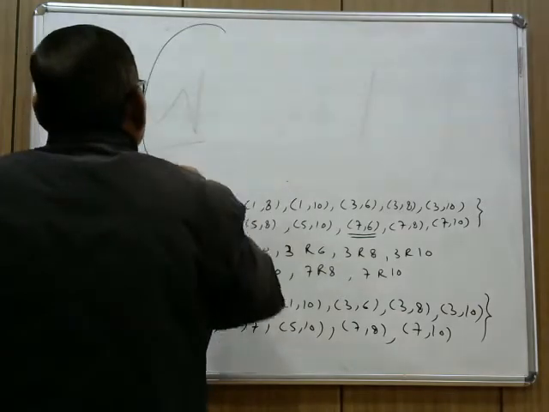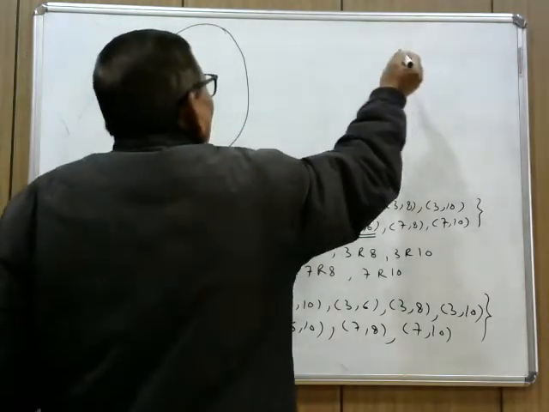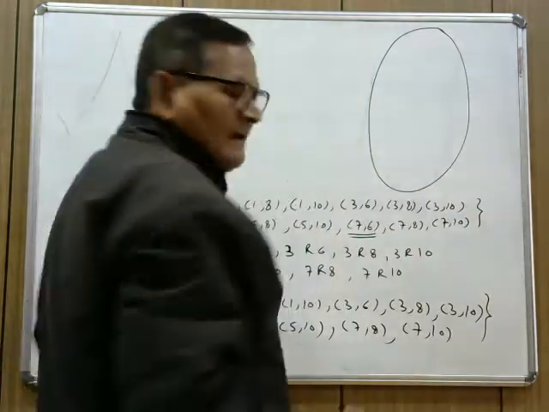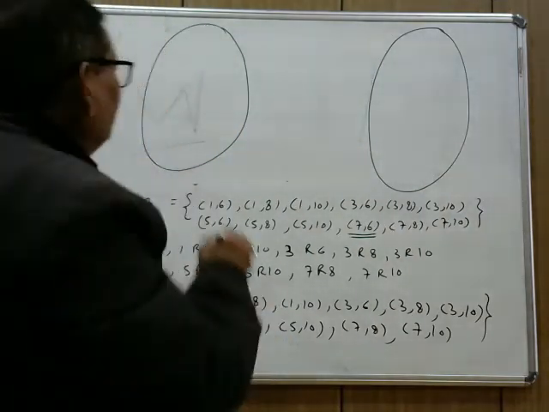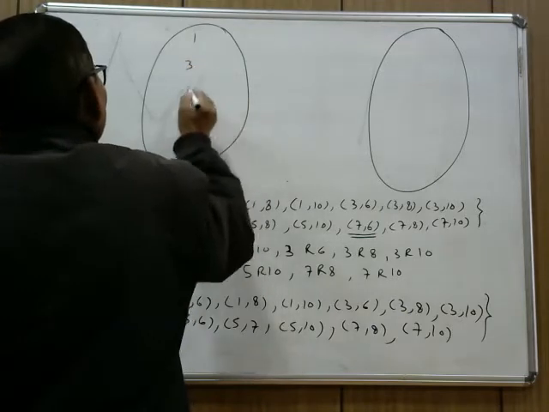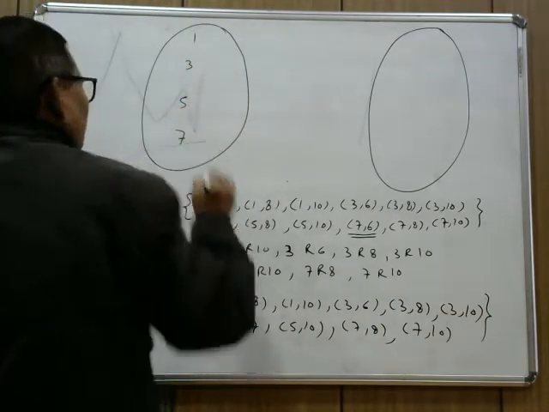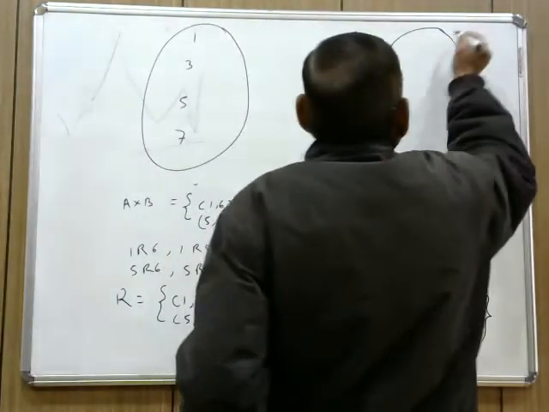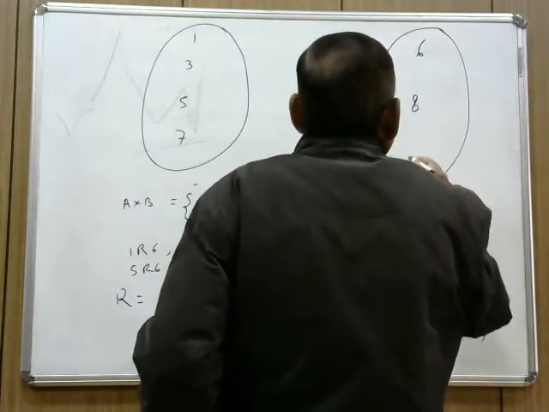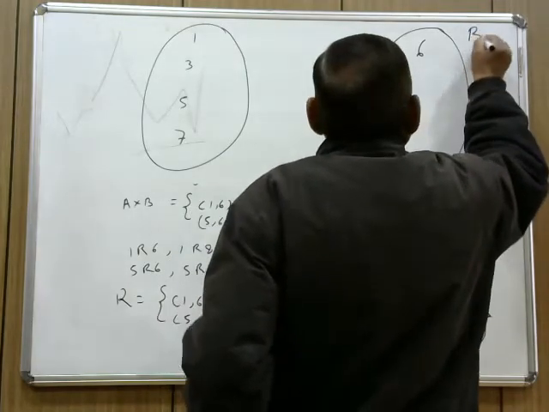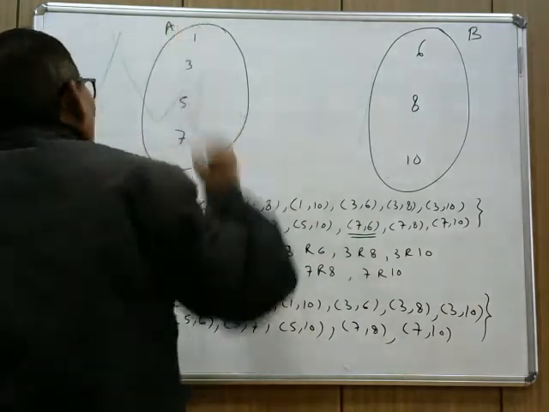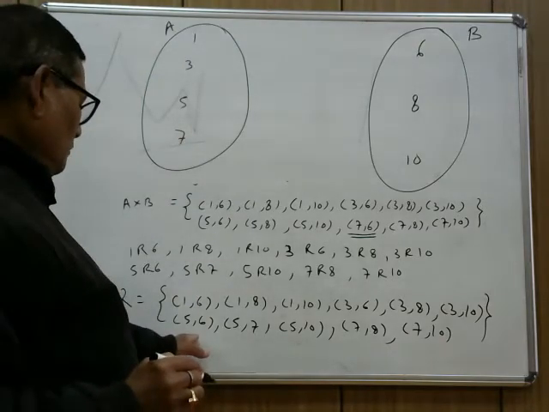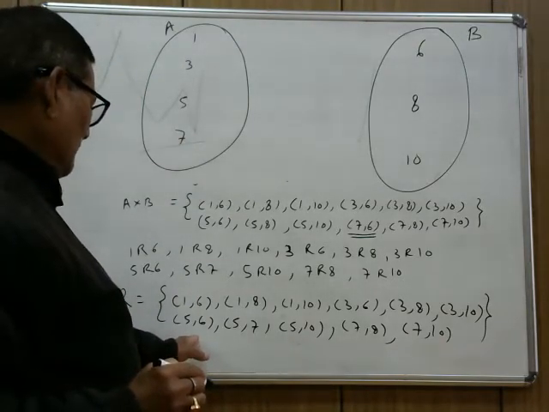So this is your set A and this is your set B. In set A there are elements 1, 3, 5, 7 and set B has 6, 8, 10. You are defining the relation from set A to B. You have to show this relation by pictorial diagram.